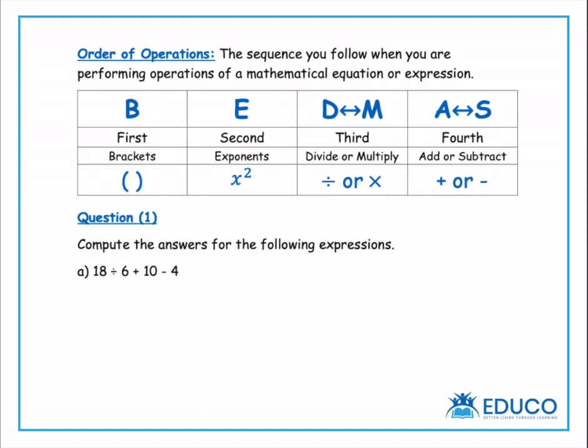So as you heard me say earlier, the way that we remember this order is by using the term BEDMAS. Now, in this term each letter stands for a word. So our first letter is a B, and that stands for brackets. So anything that's in brackets has to be done first.